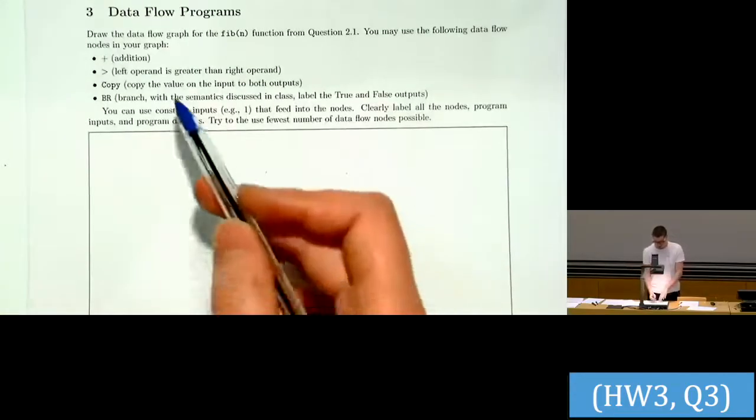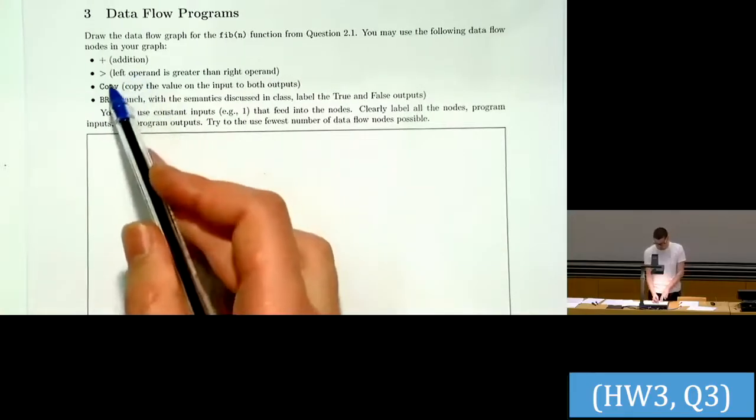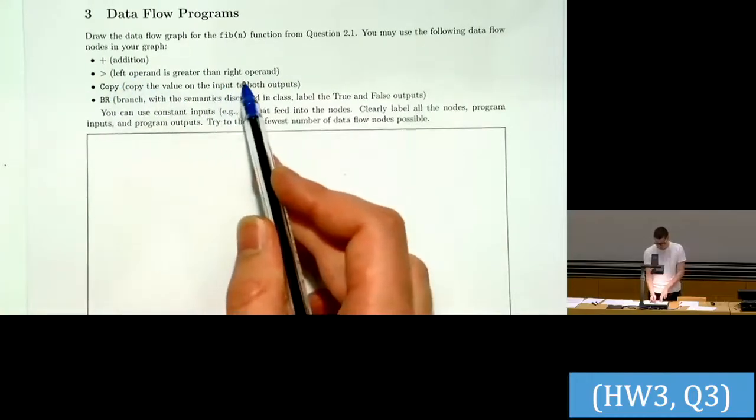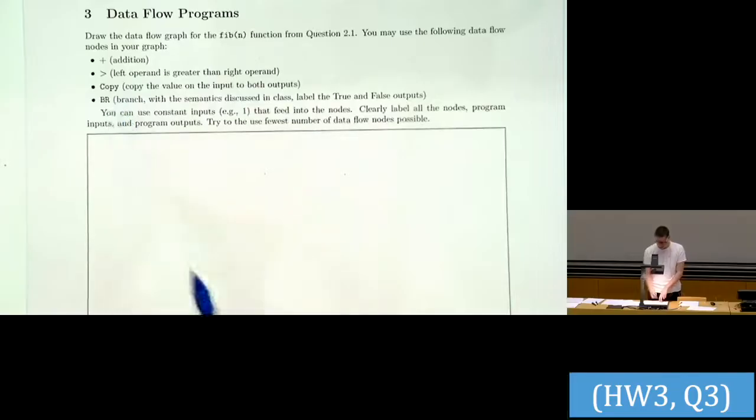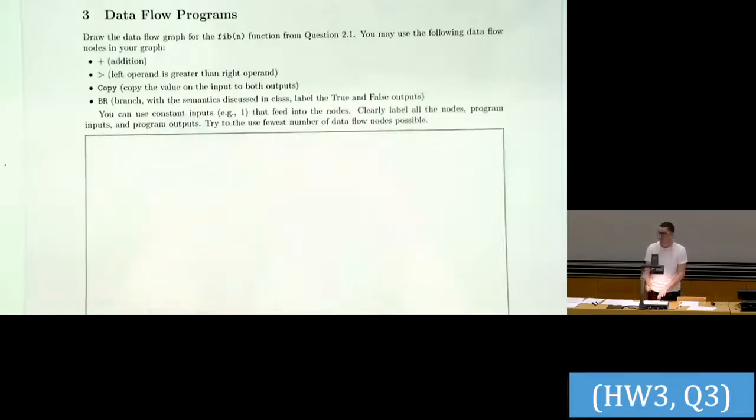It gives you some nodes that you can use, such as addition, greater than operand, copy and branch. You are allowed to use only those, and also you can use constant inputs to feed to your nodes. Using those nodes, you will need to implement Fibonacci.